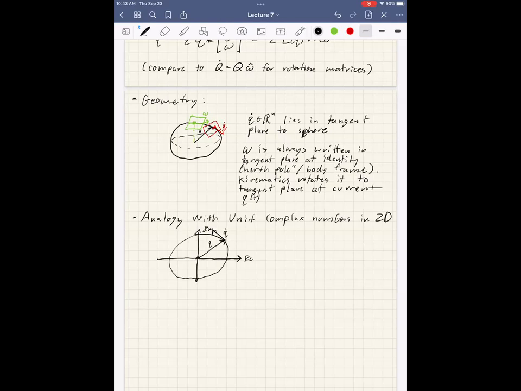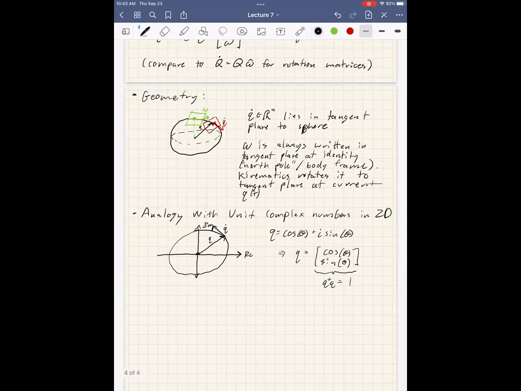For a complex number, I have Q equals cos theta plus i sine theta, the Euler identity. I can think about that as a 2D vector, like we talked about last time, where the real part is the X component and the imaginary part is the Y component. And just like in the quaternion case, if this is a unit complex number, I get the sine squared plus cos squared equals 1 thing, so Q transpose Q equals 1.